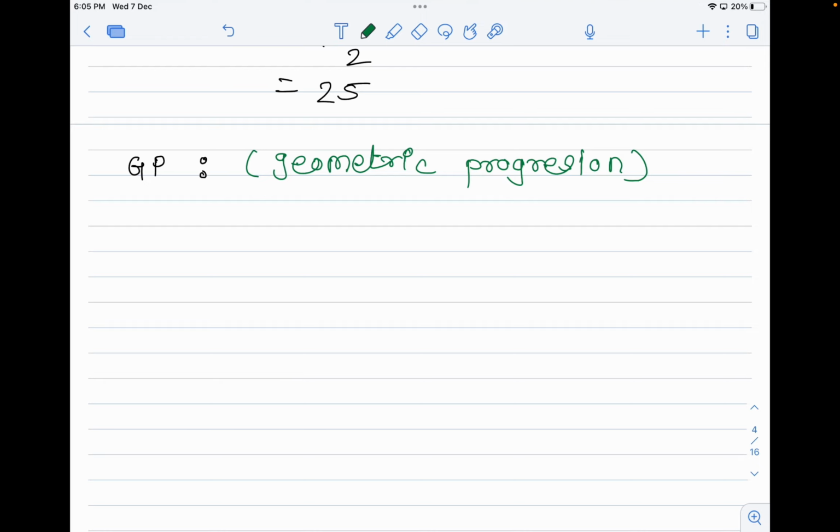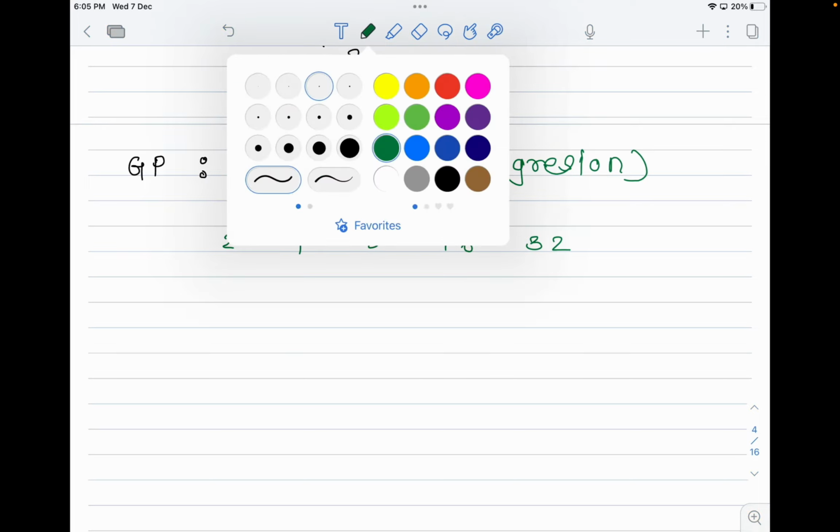So let's take an example of GP, and what GP follows. You have 2, 4, 8, 16, 32. So what is the next number here?